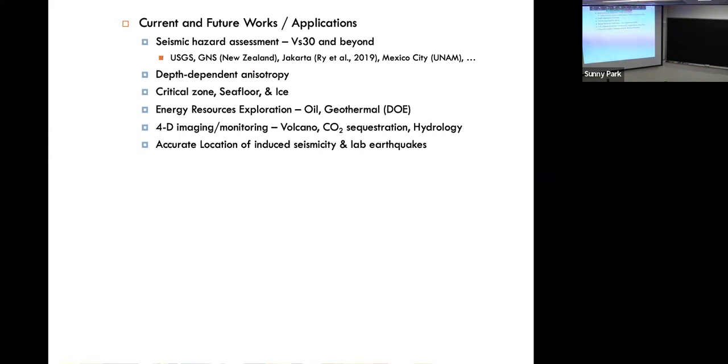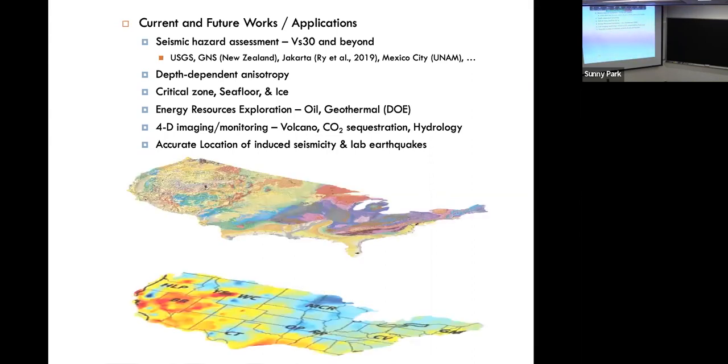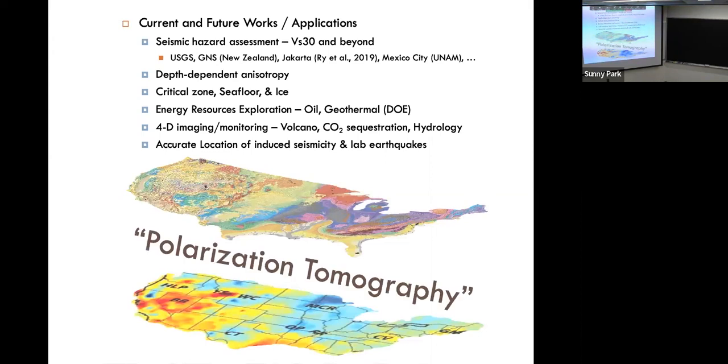You can also extend our depth-dependent velocity analysis with depth-dependent anisotropy structure. So eventually, hopefully, we can fill in this gap with what we can call polarization tomography. So that's what I have here.